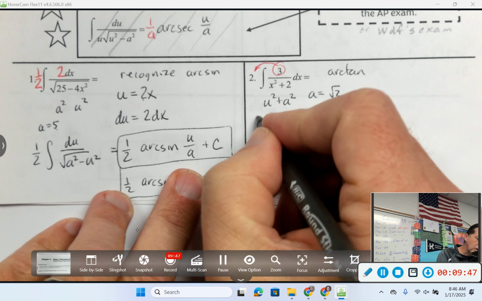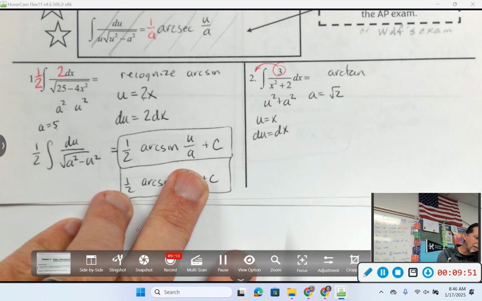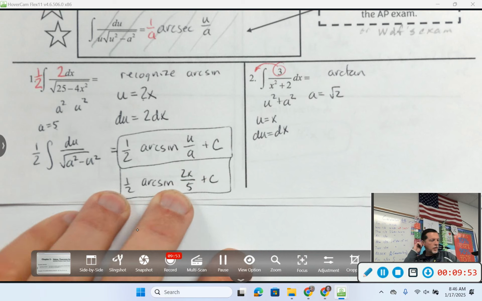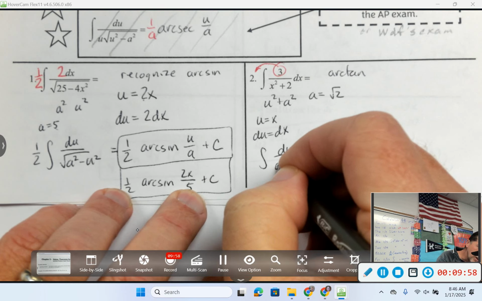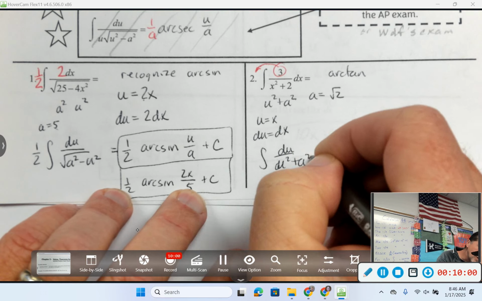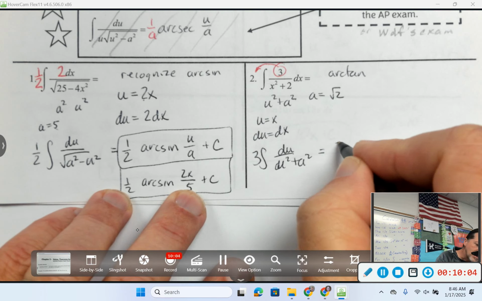So, well, I guess we can go the long way here. So that means u is x, du is dx. So that doesn't really do a whole lot. But if you wanted to really make it look nice, it's du over u squared plus a squared with the 3 out front.